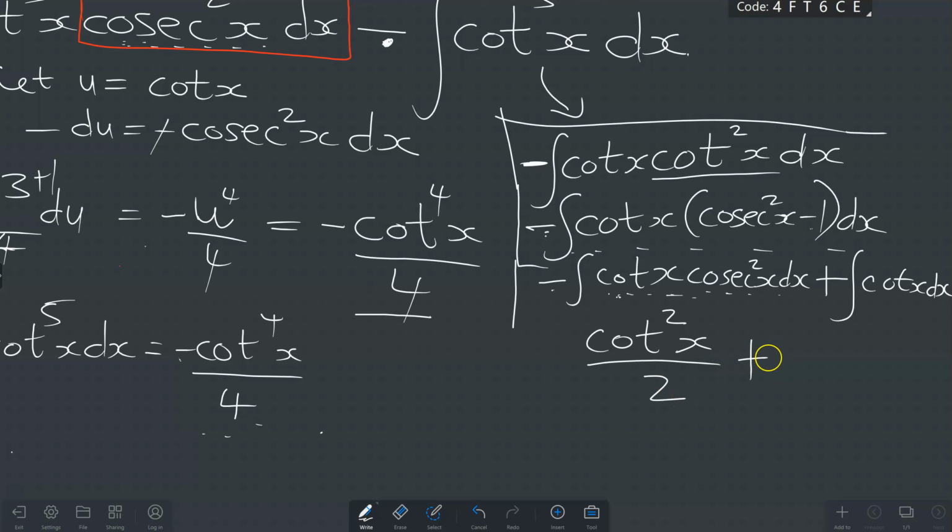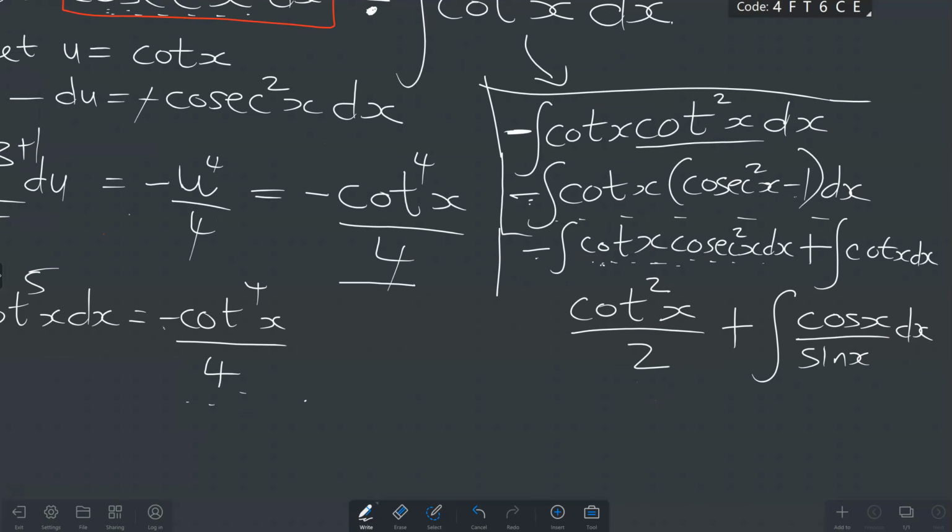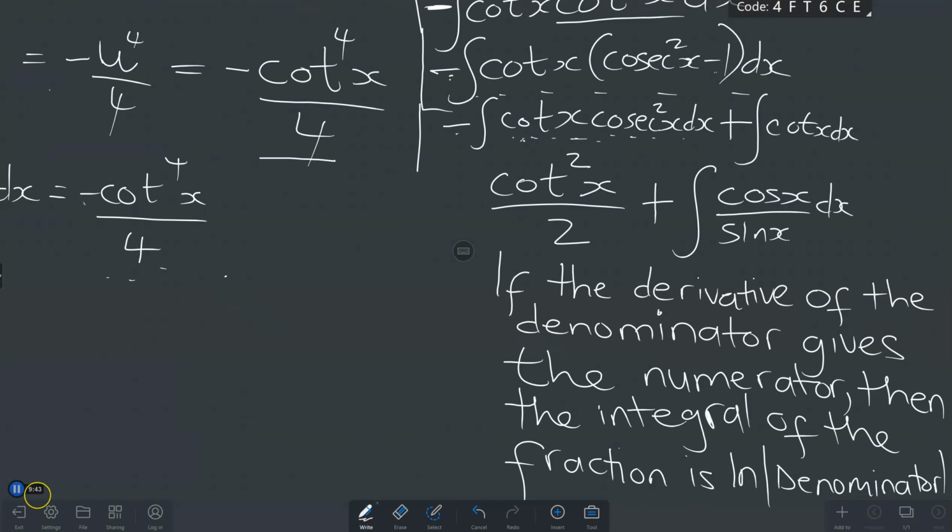Then we'll have plus the integral of cot x, which is cos x over sin x dx. There is a rule that says, let me write it down for you. That rule says if the derivative of the denominator gives the numerator, then the integral of the fraction is ln of the denominator.